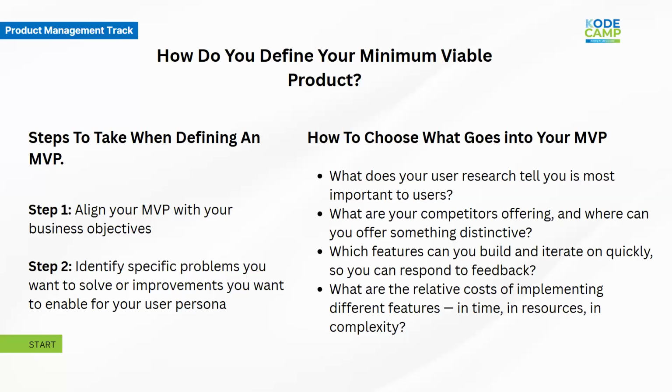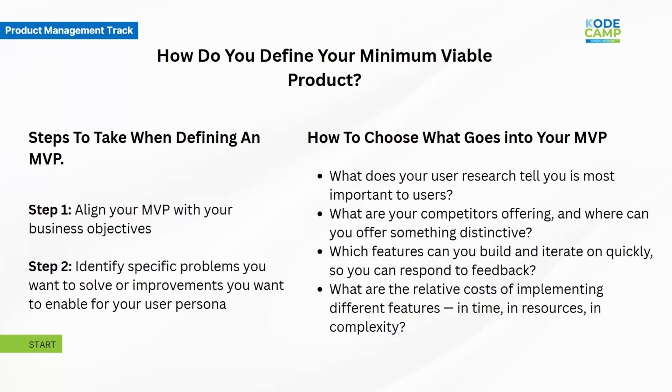Once you have a clear picture of your MVP and the company's strategic goal, now you can shift your focus to your users. This is where you start defining the exact problem you're trying to solve with this MVP, or what specific improvements you're trying to offer to your users.